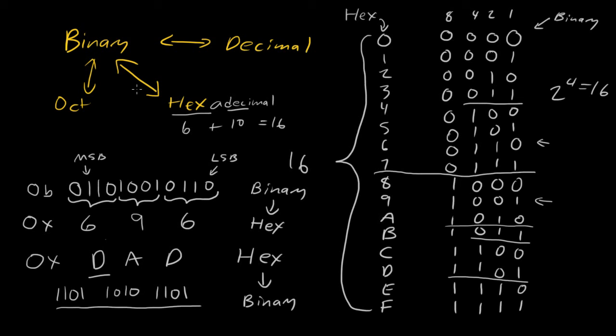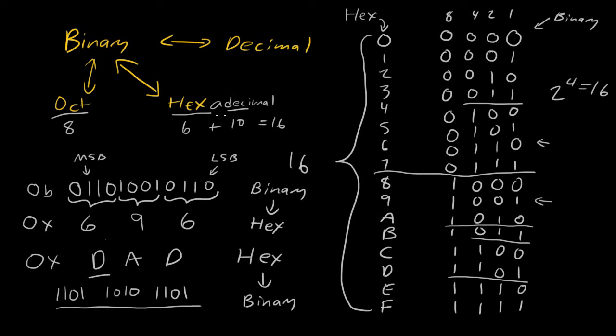Now, if you want to look at something similar, like between binary and octal, what we would end up doing is something very similar, only instead of looking at 4 bits, we only look at 3 bits. Here's why. Octal, by the way, is base 8.